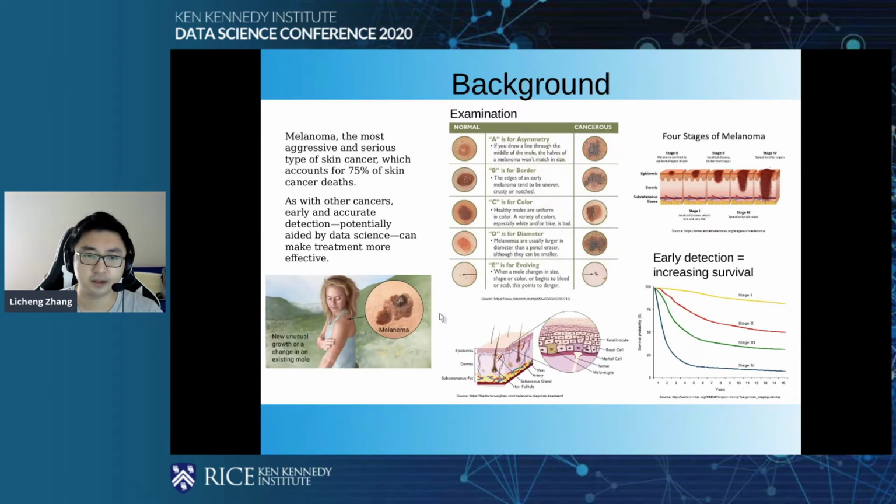As with other cancers, for melanoma, early detection is very important, because at the later stage of the melanoma, the cancer cells will be transferred to other organs of the human body, and it's very difficult to remove completely. So the goal is to achieve this early detection with the help of data science.